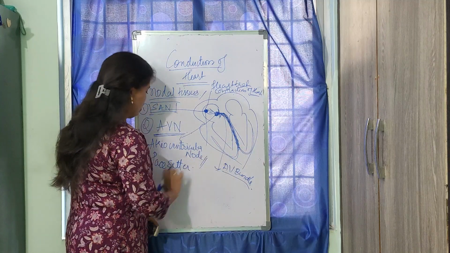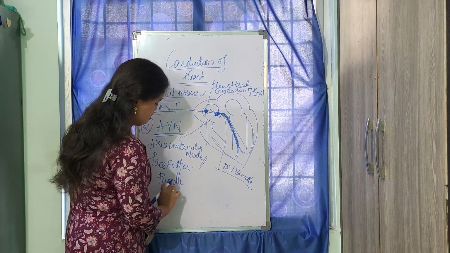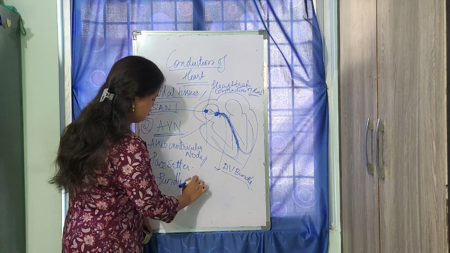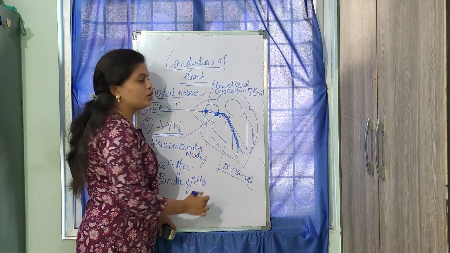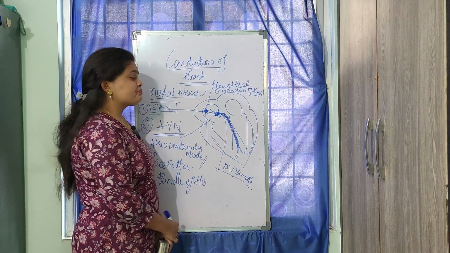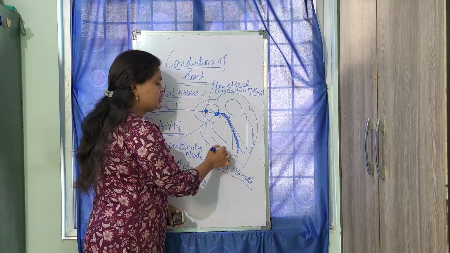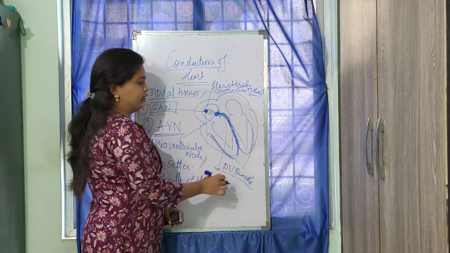This is called the bundle of His: left bundle of His and right bundle of His. They will make sure the nerve impulse is spread across the heart properly.